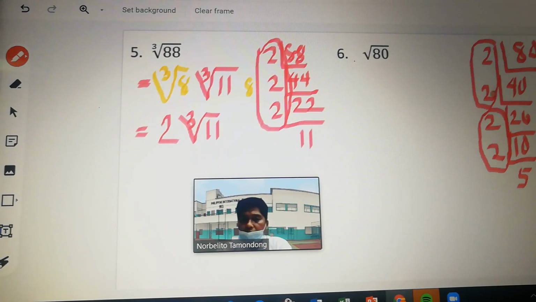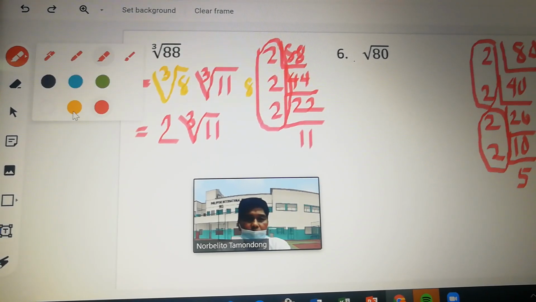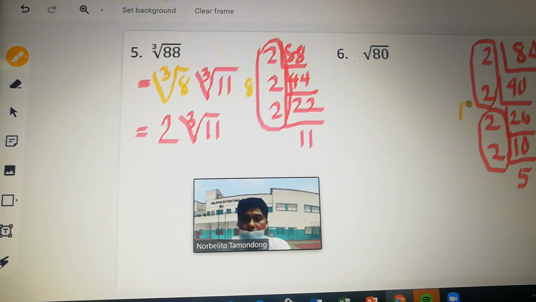Okay, so 2 times 2 times 2 times 2. So this is equal to 2 raised to 4, or equal to 16. So that is a perfect square factor of 80, 16. So the non-perfect square factor is the 5.